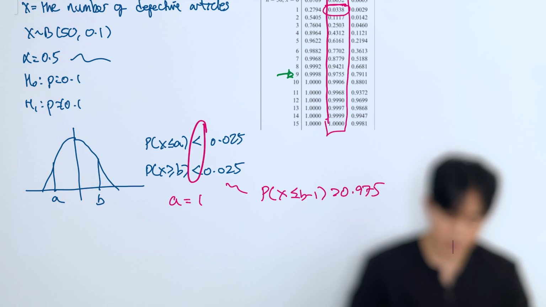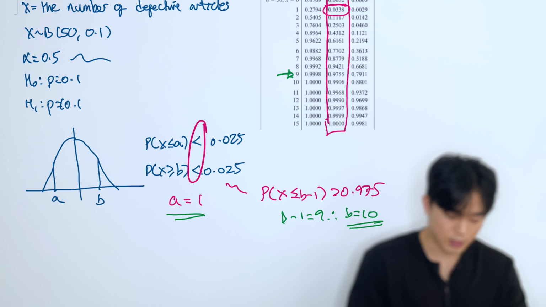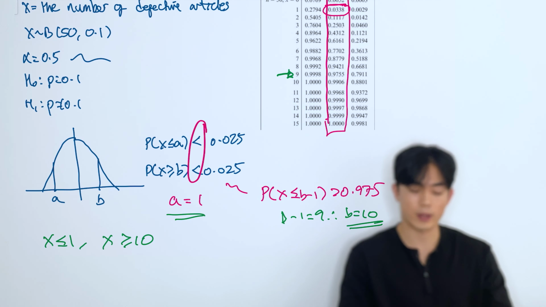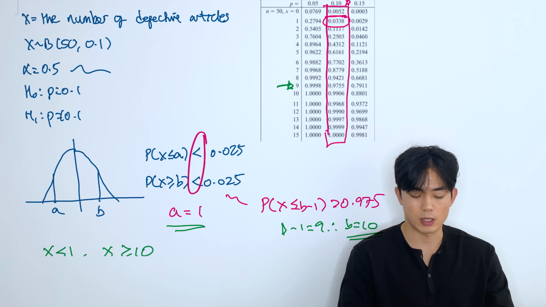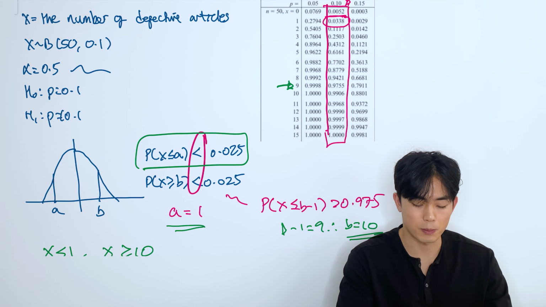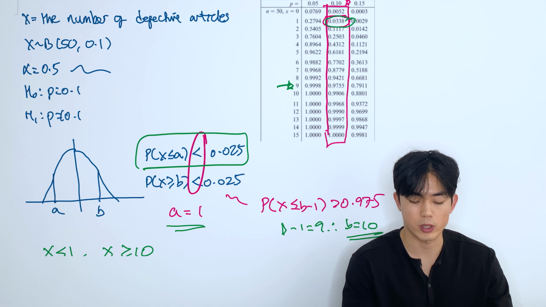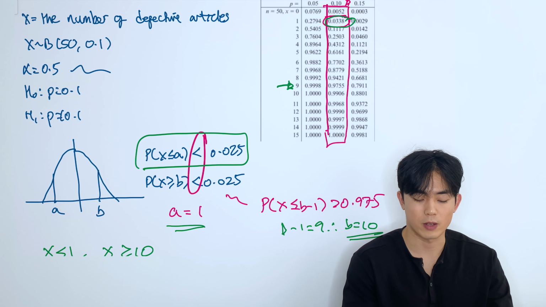So we can say that B minus 1 is equal to 9, and so therefore B is 10, okay? And so the critical region will be when X is less than or equal to 1 or when X is bigger than or equal to 10, like so. Okay. So that's the only difference, when we're finding the initial A value, even though this value is bigger than 0.025, the question itself said it can be as close to 0.025 as possible, so we'd rather choose this one than the value for X is 0.